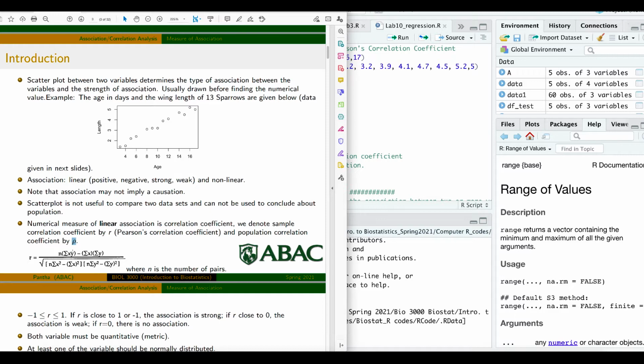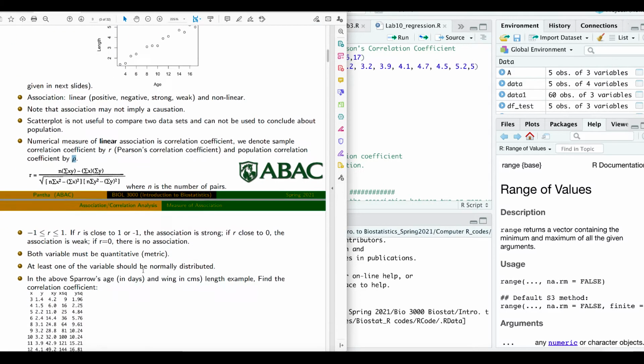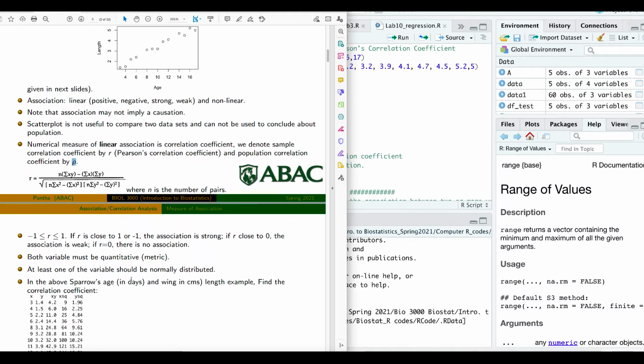To find the correlation coefficient manually, you need to multiply the x and y columns and then find the sum of that. Similarly, find the sum of x and the sum of y, and multiply that by n, the first one by n. Also you need to find the sum of x squared and the sum of y squared, and then plug these sums into the formula. Okay, that's how you do it manually.